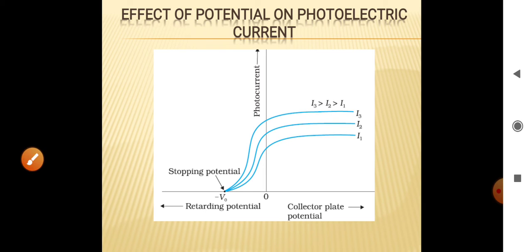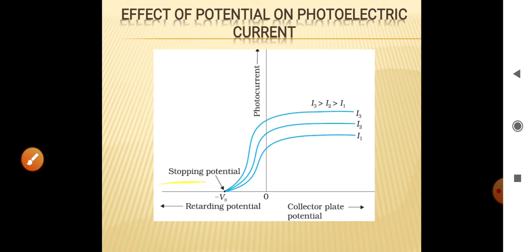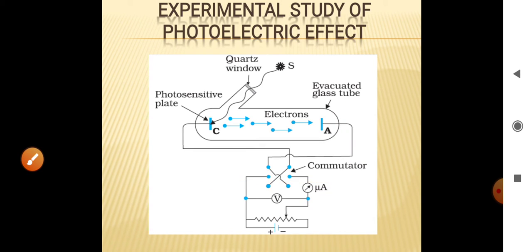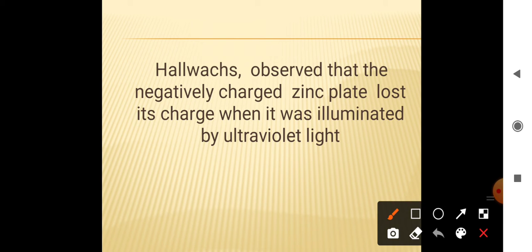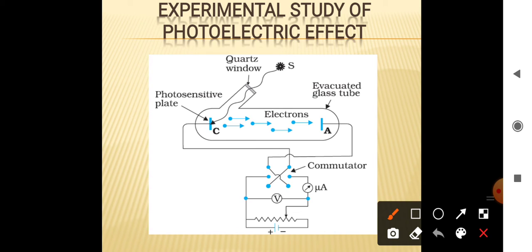Next, if we move towards the negative side of the voltage, we see the photoelectric current decreases. Now, why does the photoelectric current decrease? Let's see. If the voltage is negative, what does it mean? It means this plate gets positively charged and this plate gets negatively charged, that is, the terminals get opposite polarity.